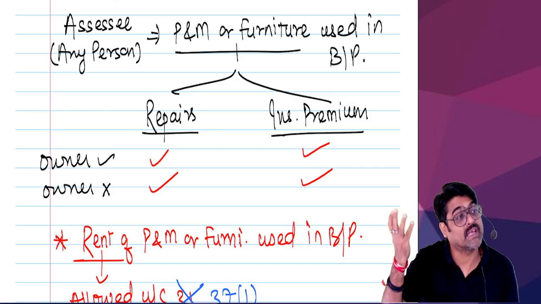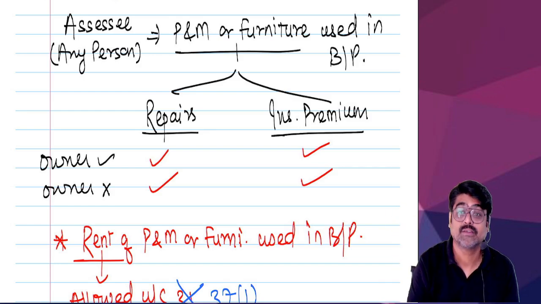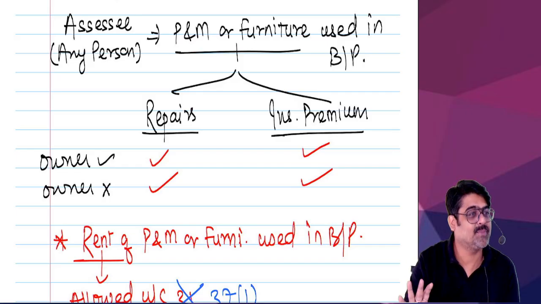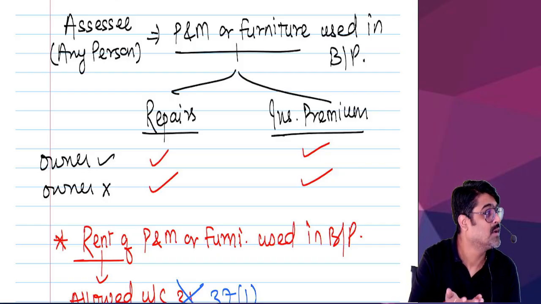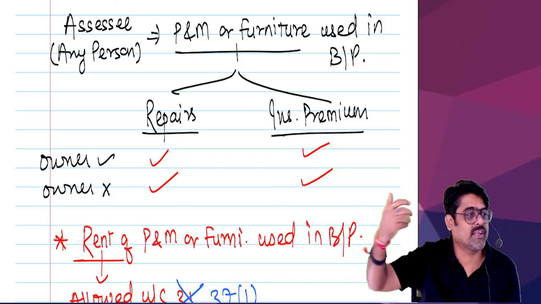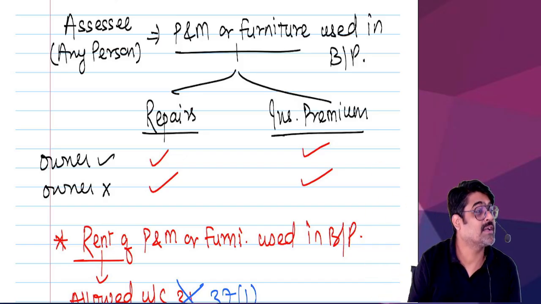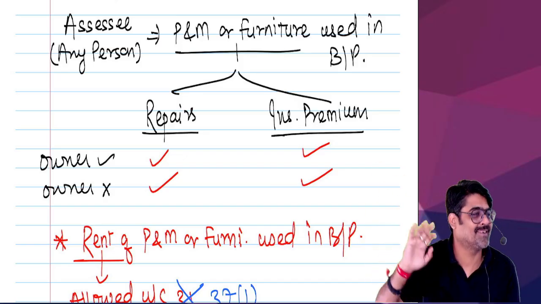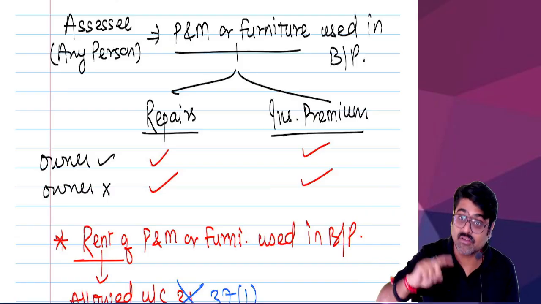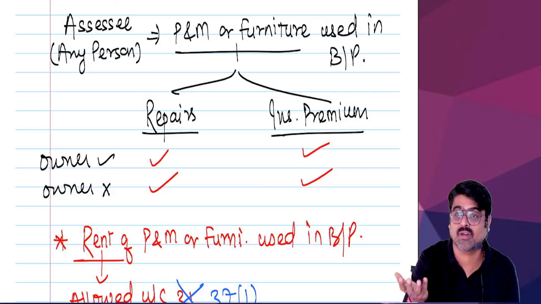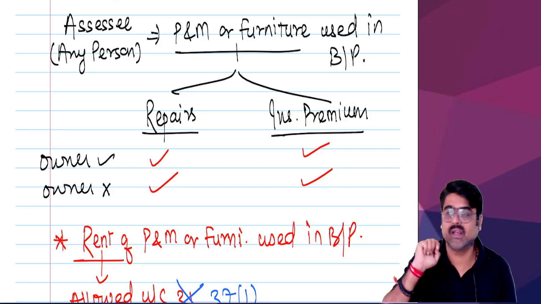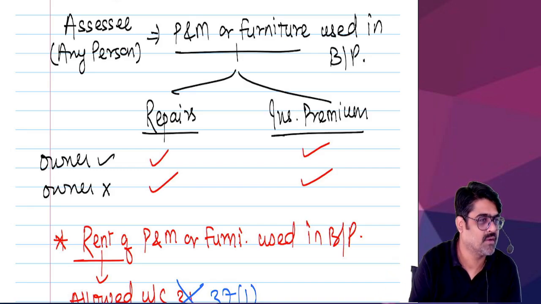There is one section, 37(1), general deduction. Any expenditure which is not covered by a specific provision, but that expenditure is related to your business or profession, all such expenditures are allowed under section 37(1), general deduction. So you can go and claim this rent under section 37(1), because this is also an expenditure related to your business or profession, but not specifically allowed under section 31 or any other section.